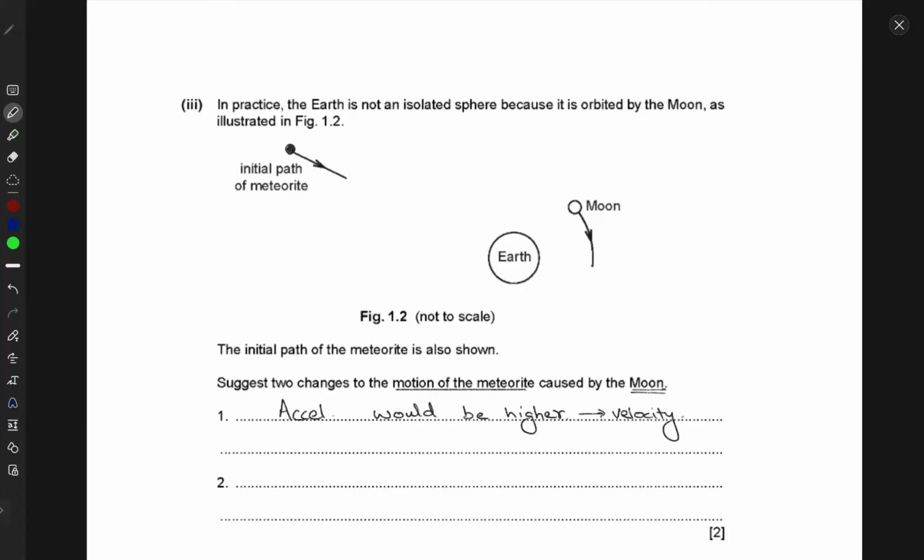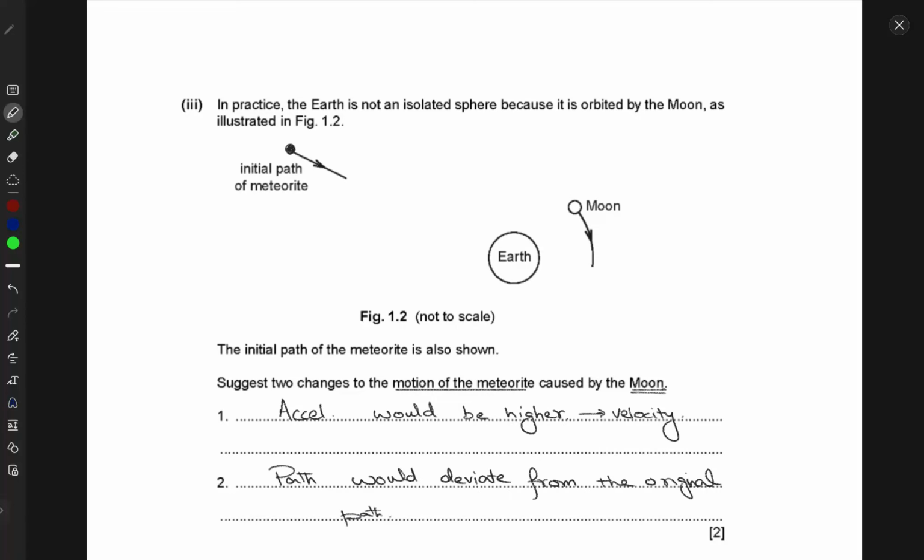So you could say that the path would deviate from its original path, whatever the spelling is of original path.